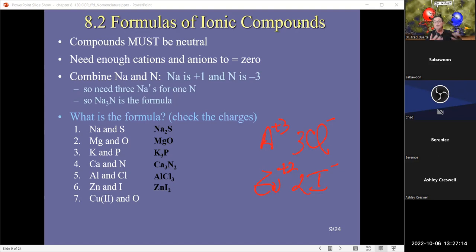So we have to tell you, in this example, what that is. In this case, we write a Roman numeral, and that Roman numeral tells you what the charge is on that metal. So a +2 right here tells you you're dealing with copper +2. That's Cu, copper +2. The oxygen, which is oxide, is a -2, okay?